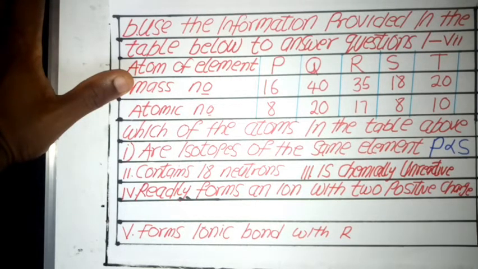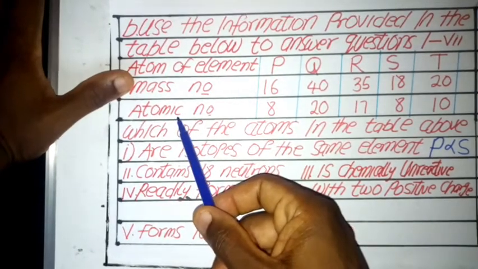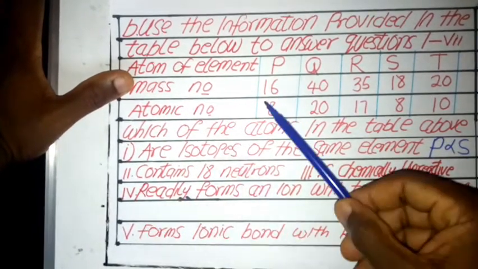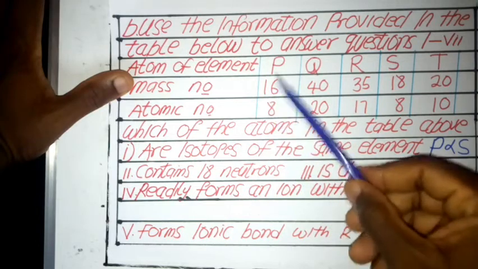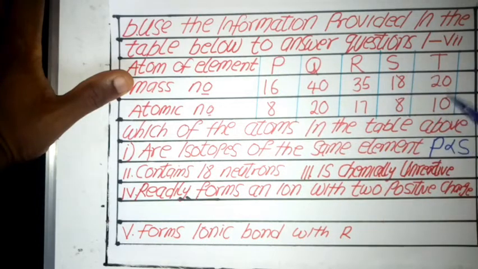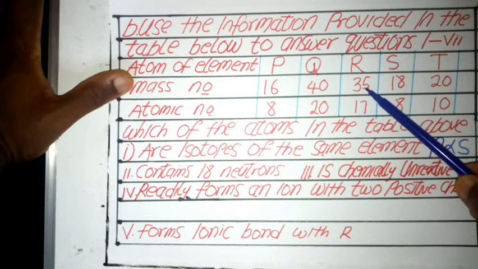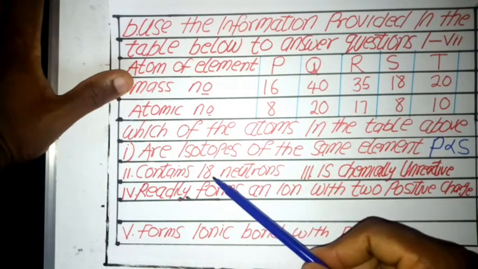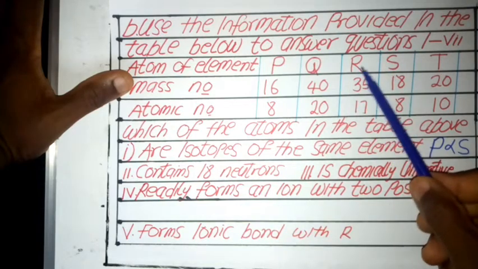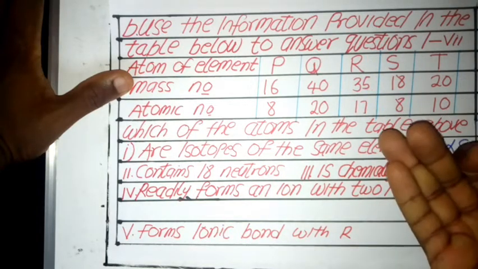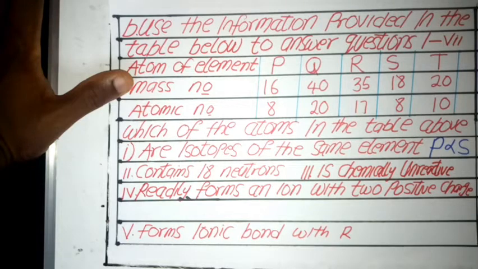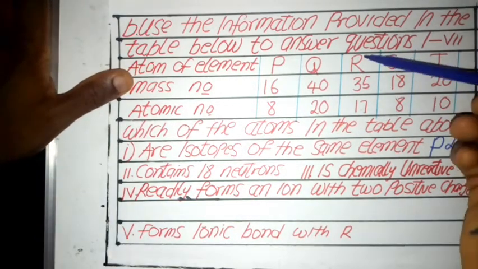Remember, proton is the same thing as atomic number. So from here, you have to subtract this from this. Of course, not this, not this, not this, not this. So 35 minus 17, you will get 18. So the answer has to be R. Why? Because to get the neutrons, you have to subtract the atomic number or the proton from the mass number as we are given on this table. So the answer is R.